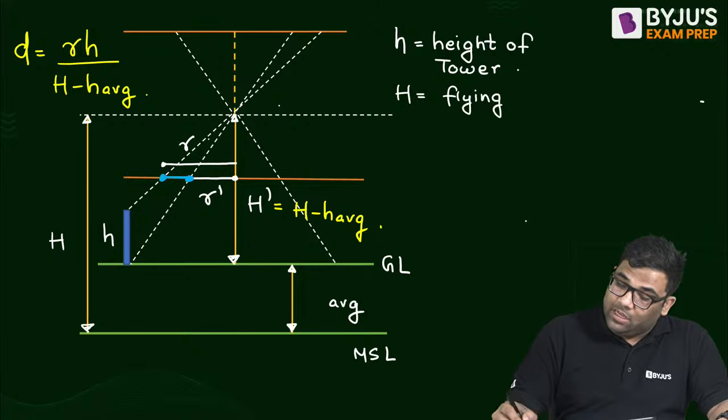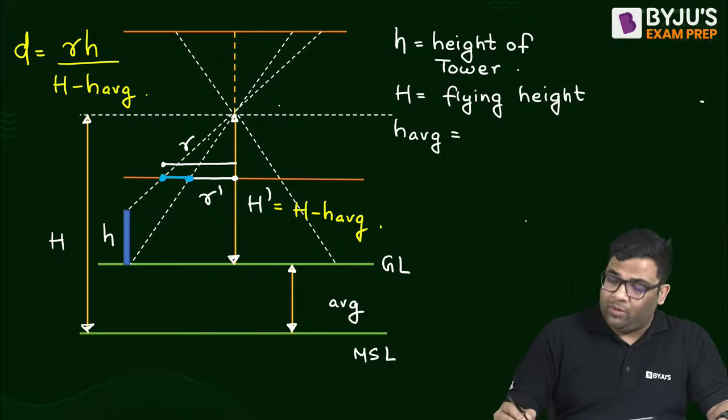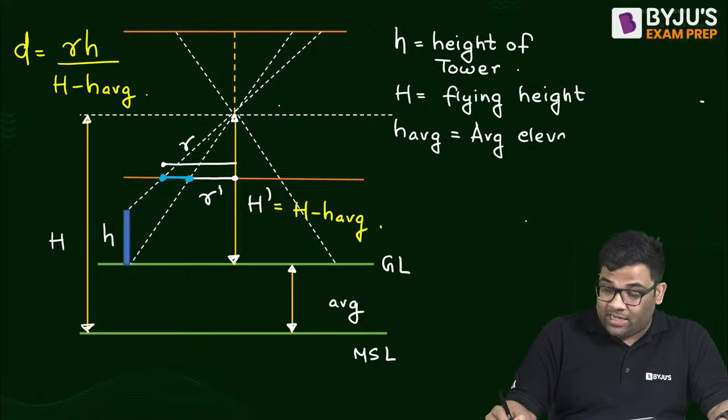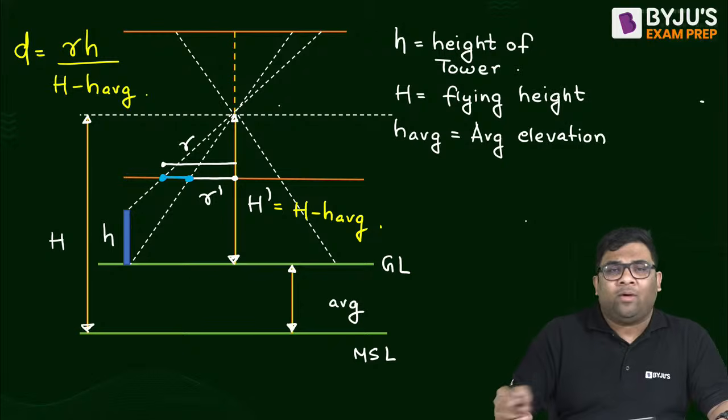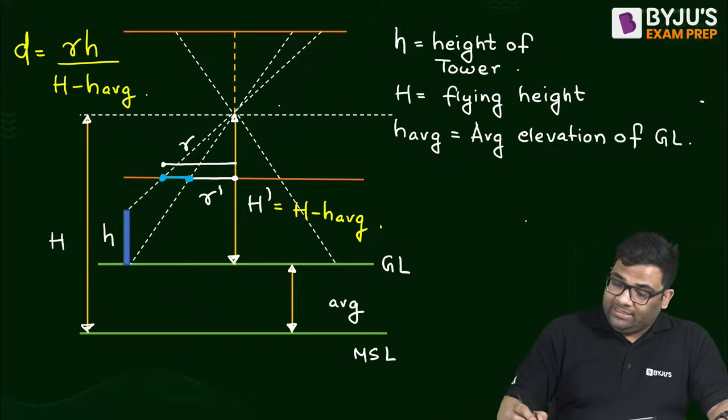Now, what is H average? H average is the average elevation of the ground level or the area, or terrain. Now what is R?